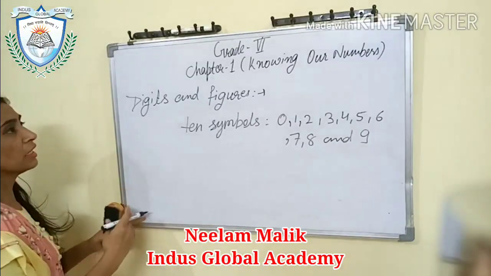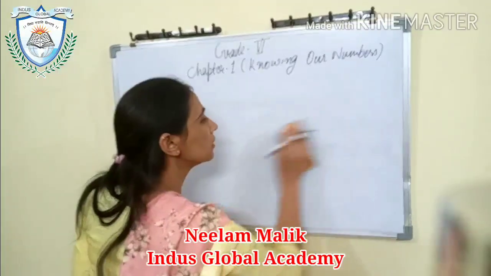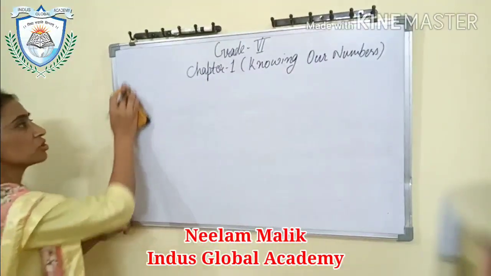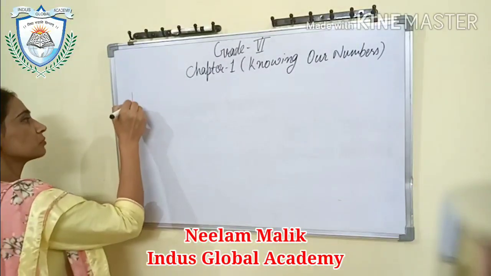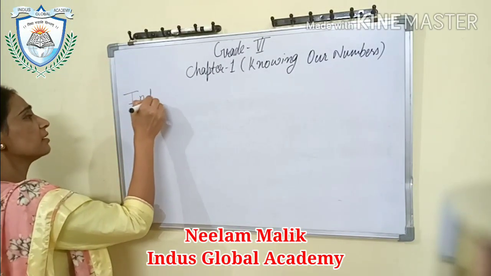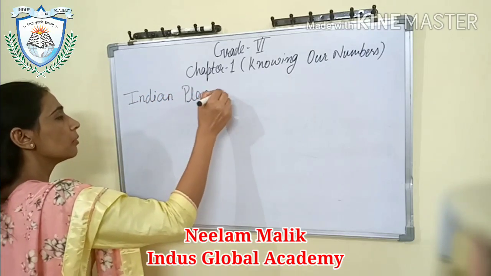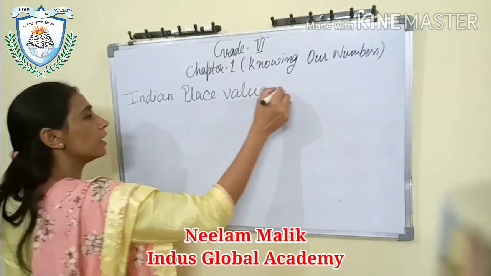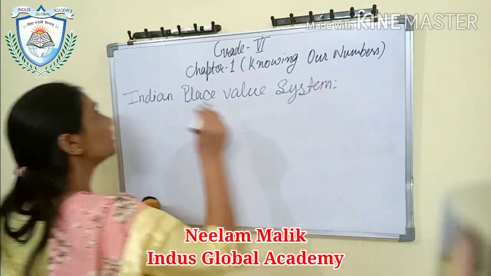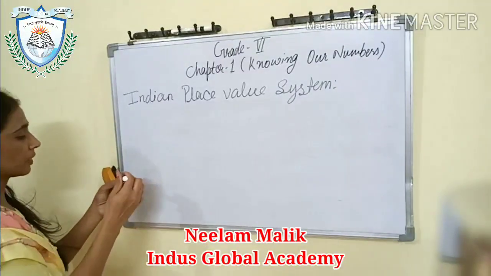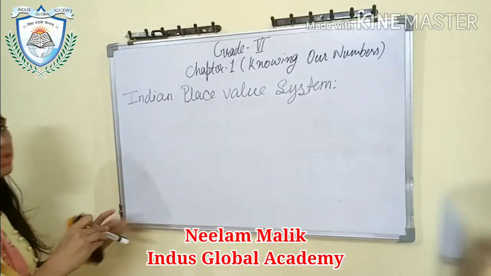Next is the Indian place value system. You have already learned about the Indian place value system and the international one in your grade 5. Now we will just revise that. What is the Indian place value system?